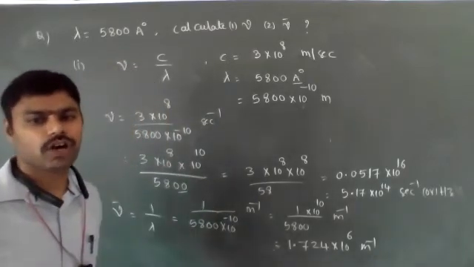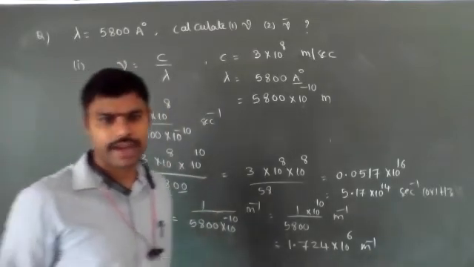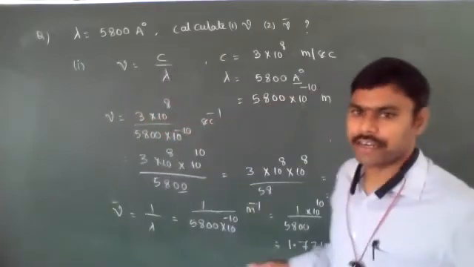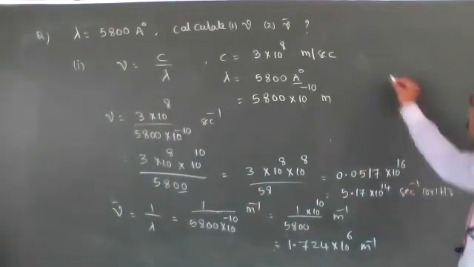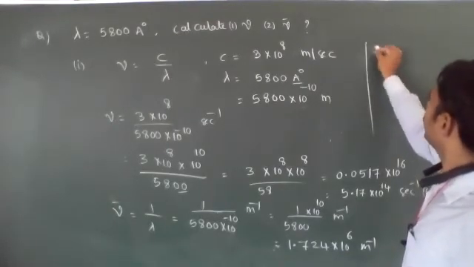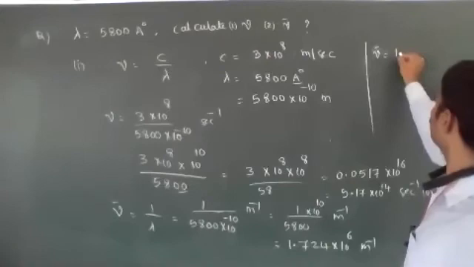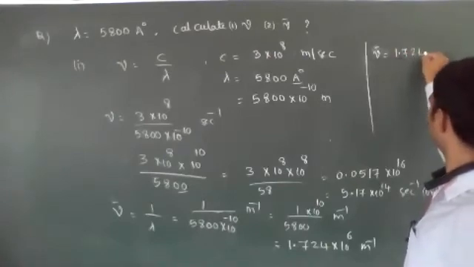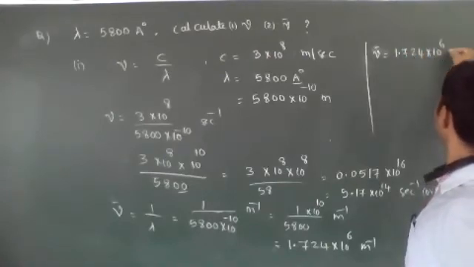If you want to convert that meter inverse into centimeters, what do we have to do? 1 meter is equal to 100 centimeters. The wave number we got is 1.724 into 10 to the power of 6 meter inverse.